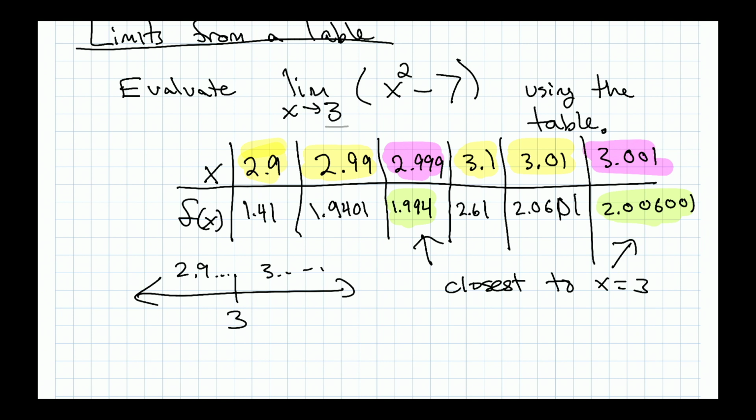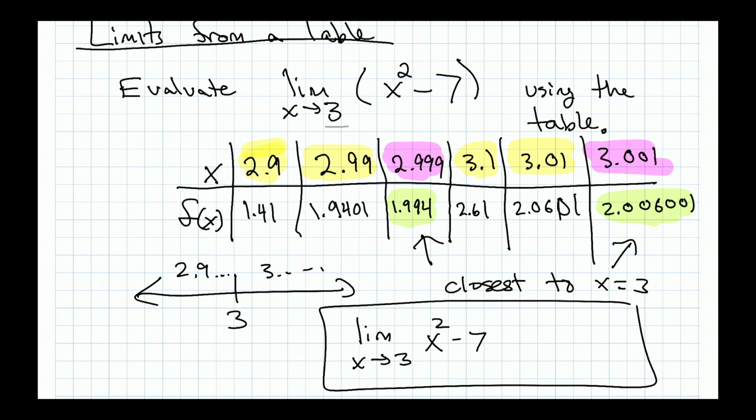All right. Now, if you're going to try to do this limit here, you have the limit as x approaches 3 of x squared minus 7 equals. Now what you're supposed to do is look at those two highlighted numbers, the 1.994 and the 2.006.